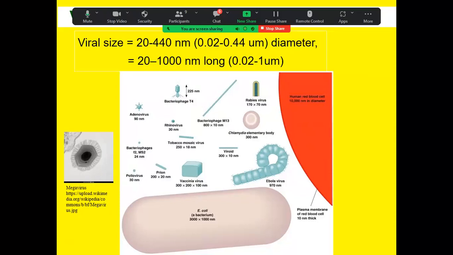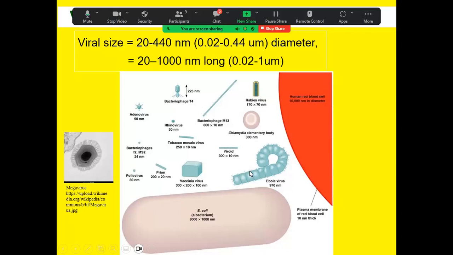The largest virus is megavirus, and it's approaching the size of the smallest prokaryote cells. So the largest viruses are around 0.4 micrometers in size, and that's about the size of the smallest prokaryote cell.